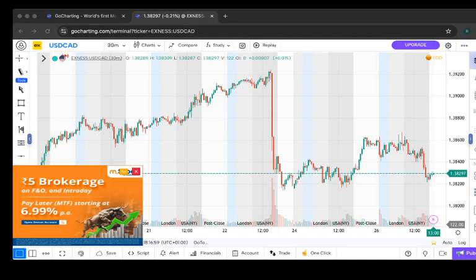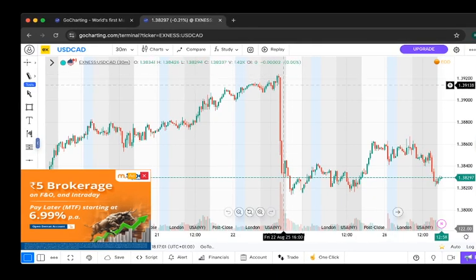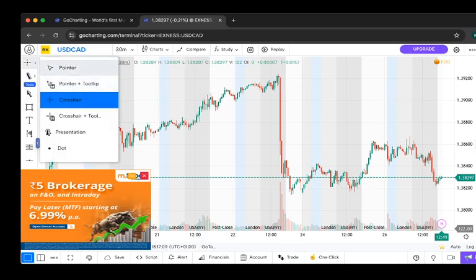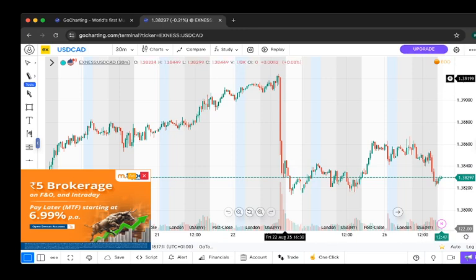Now on our chart, we can see price gives us a big move. Here you can see price gives us a big drop. Like we said earlier, we are looking for areas where price left aggressively, and this is an area where price left aggressively.